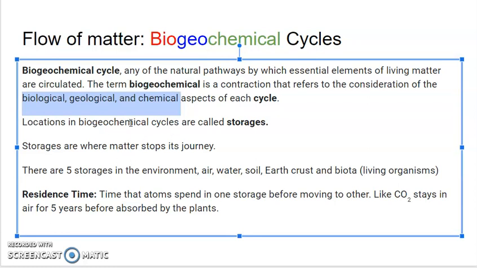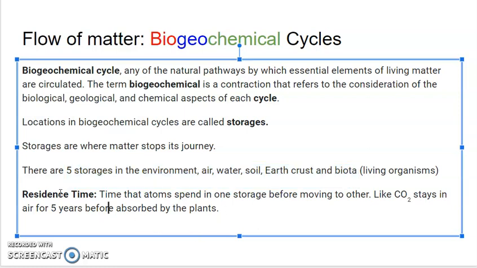Before studying the cycles, I would like to focus on some vocabulary. Locations in a biogeochemical cycle are called storages. Storages are where matter stops its journey. There are 5 storages in the environment: air or atmosphere, water or oceans and lakes, soil, earth crust, and biota, which is living organisms.